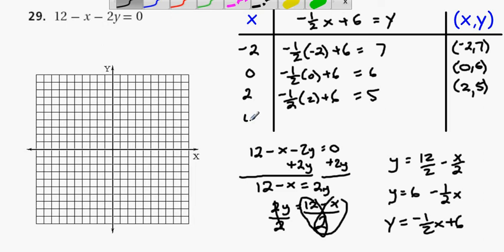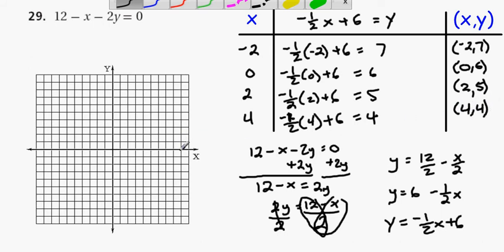Let's just do one more. Let's go for 4. So here I have negative 1/2 times 4 plus 6. So a negative times a positive is a negative. Half of 4 is 2. So negative 2 plus 6 is 4. So here I have 4, comma 4.